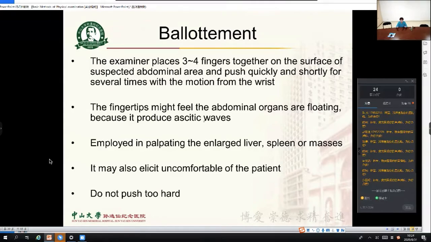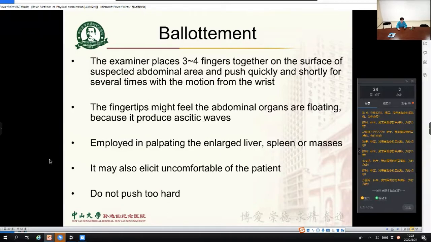If the patient has ascites, the accumulated fluid in the abdomen will produce waves, and then the waves will reflect back to your fingertips, so you can feel the floating organs. So that is what we call ballottement.